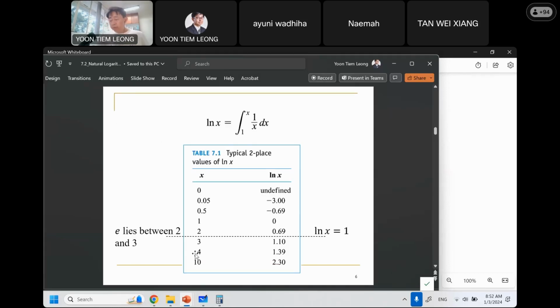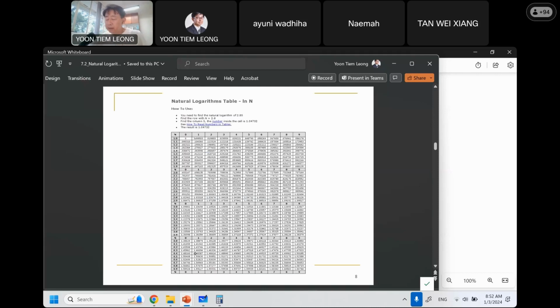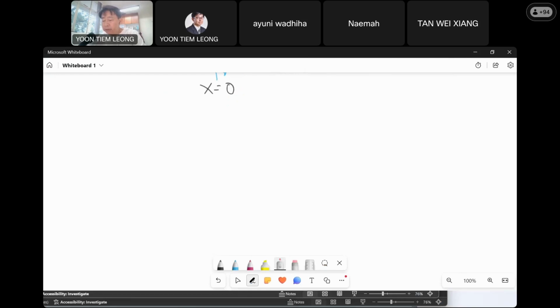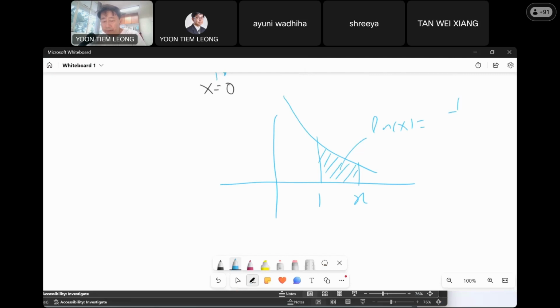The values of the natural log in the olden days were tabulated into a table form. You have to perform a numerical integration. For example, by definition, the natural log starts with x equals 1, and here is x. So the value of the natural log is simply equal to the area under the curve of 1 over t from 1 to x.